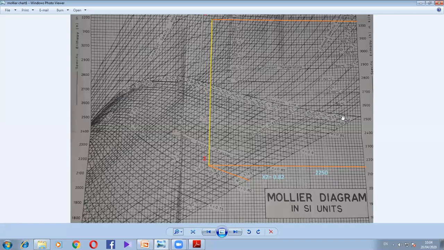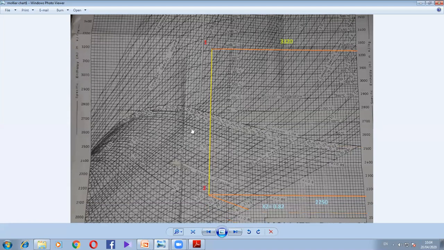Okay, and we follow the pressure lines here. You can see the values like 0.1, 1.5, 2, 2.5, 3. These are all the pressure lines. 0.3, 0.4, 0.5, 0.6. These are all the pressure lines.